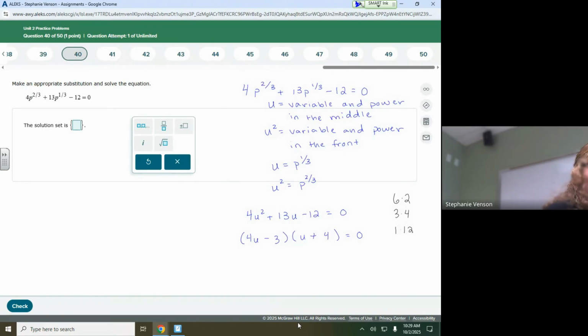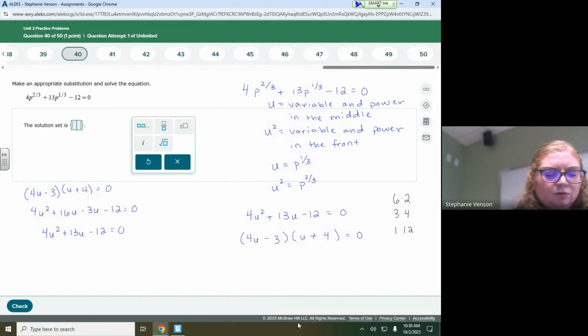But I can go on the side and multiply it back out to prove that I got the correct factors. So 4u squared plus 16u minus 3u minus 12 equals 0. Yep. 4u squared plus 13u minus 12 equals 0.